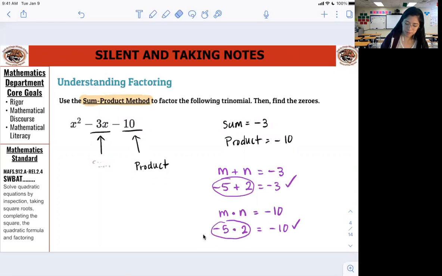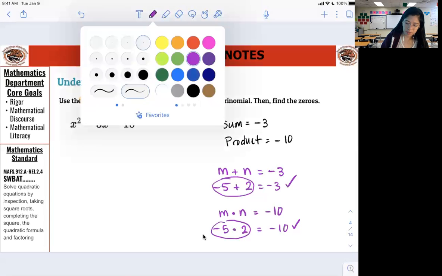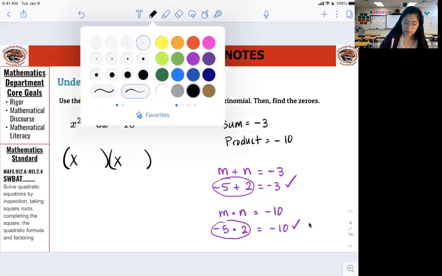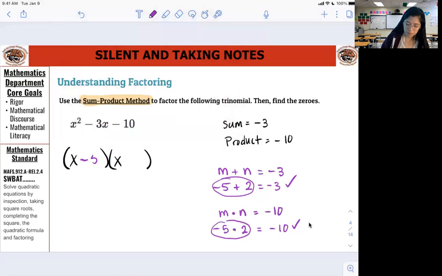So what we do, once you've found the magic numbers, it's actually super easy. We're writing this in factored form, so we know it's going to be two binomials, and they both start with x. And then you just put those magic numbers right in. So -5 and +2.